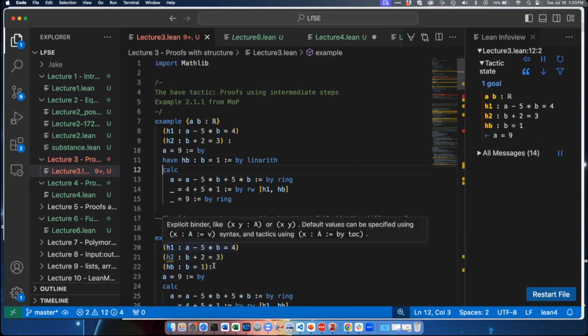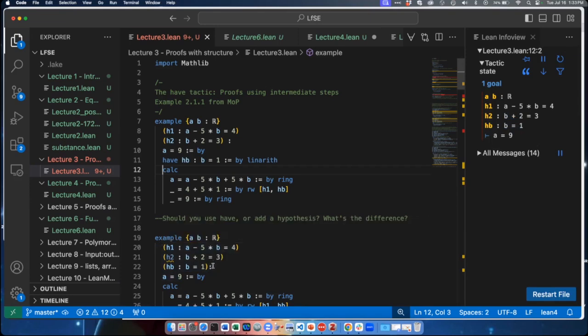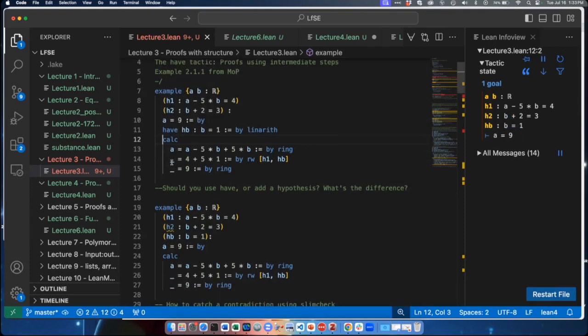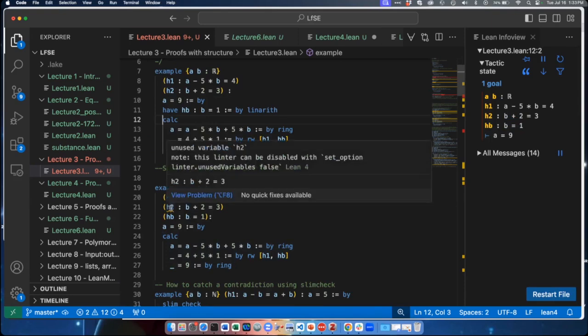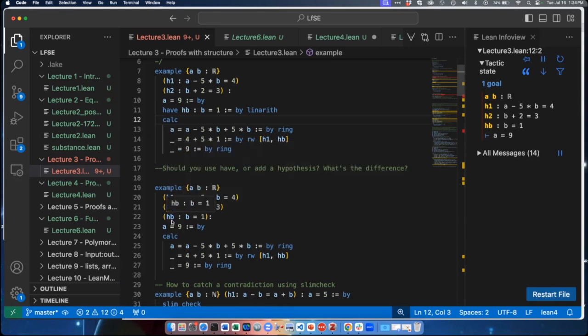I can just put that up here in the front. And indeed, if I do that, I can now skip the have statement and continue with exactly the same calc block, and I close all the goals here. We do get an underlined warning: unused variable H2. So we're not actually using H2 anymore. We're only using HB.